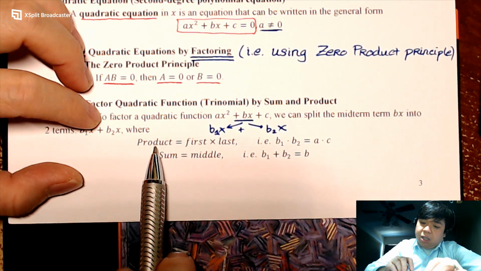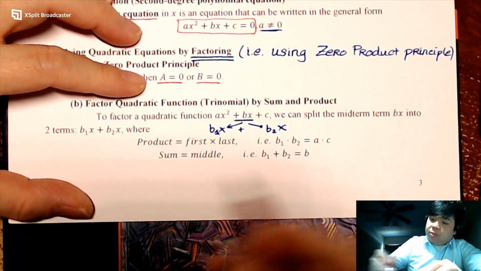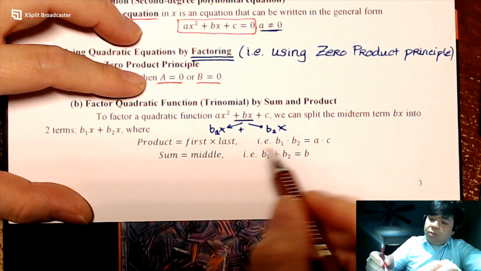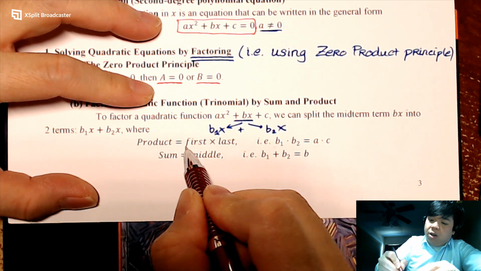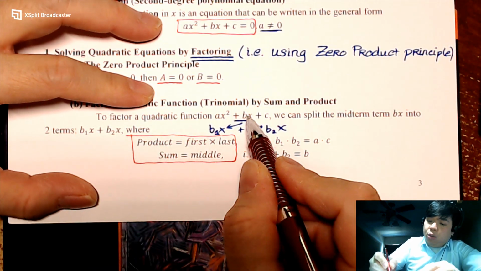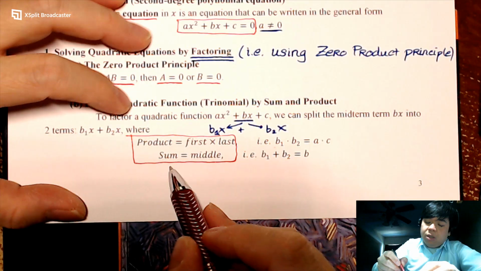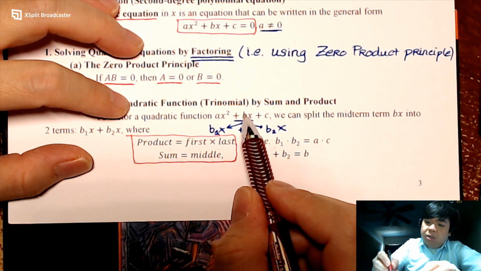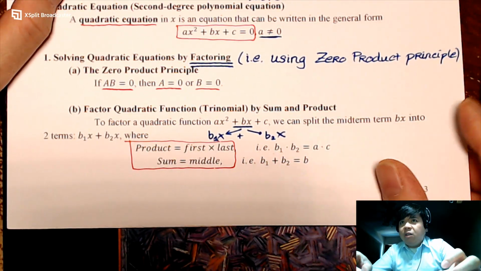After that, we will find two numbers whose product equals the first times the last, and whose sum is equal to the middle number. So once again, the product equals the first times the last, and the sum adds up to the middle number. Alright, so keep that in mind. Let's see how that works.